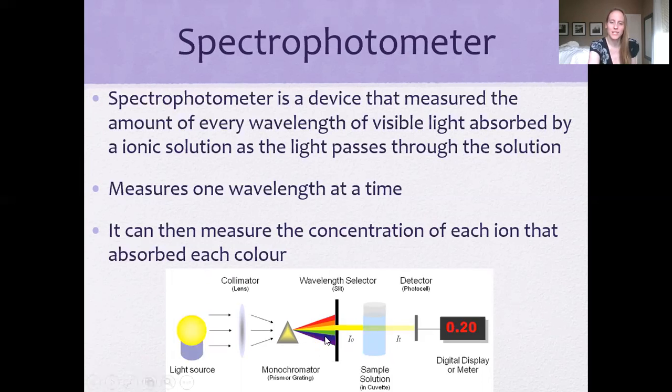So you would just do that again, one wavelength at a time, and then based on how much of each color was absorbed, you can work backwards to figure out what ions were present and in what concentration.